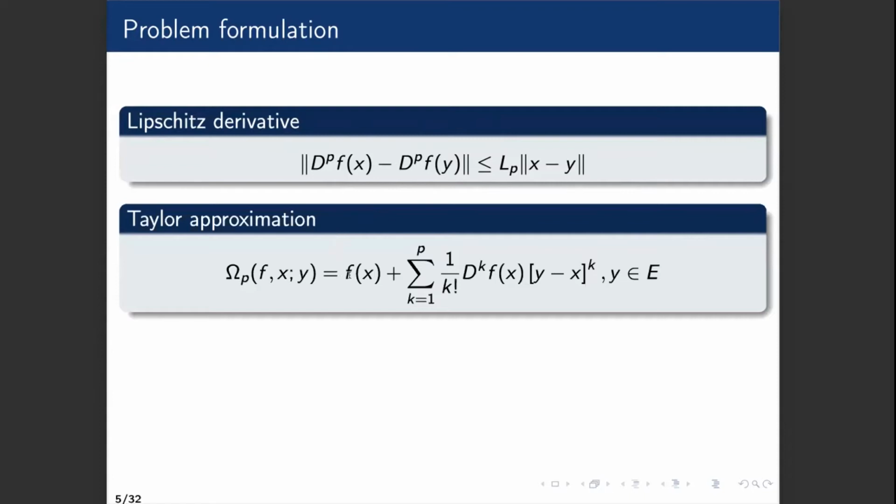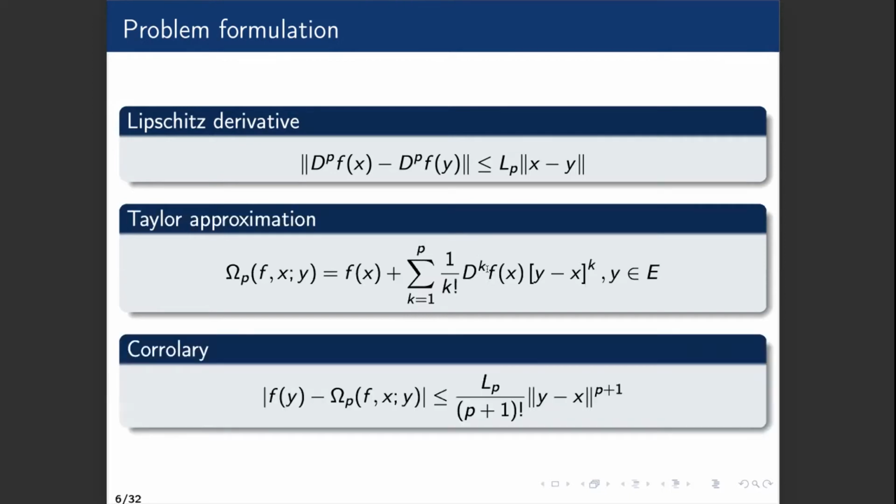Like for gradient descent or the cubic Newton method, we can create Taylor approximations of p-th order, where our function will have a lot of derivatives. From this Taylor approximation and this Lipschitz derivative inequality, we can get the next corollary: the Taylor approximation is rather close to our function.